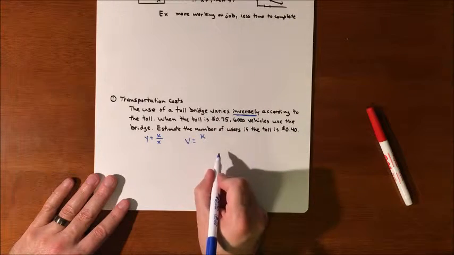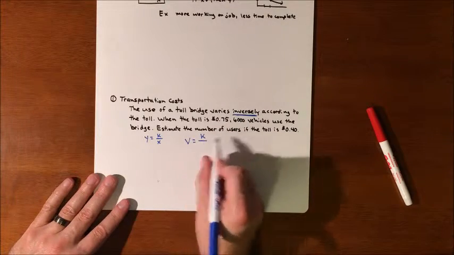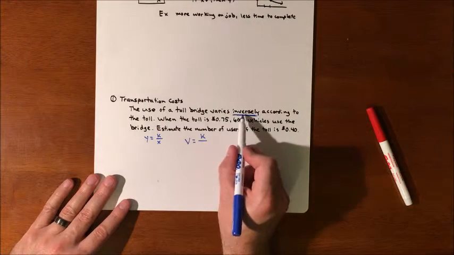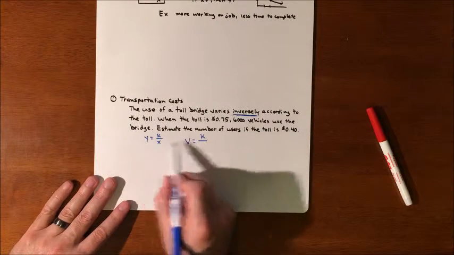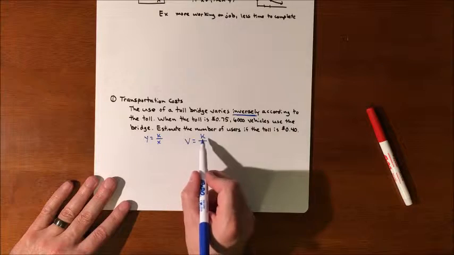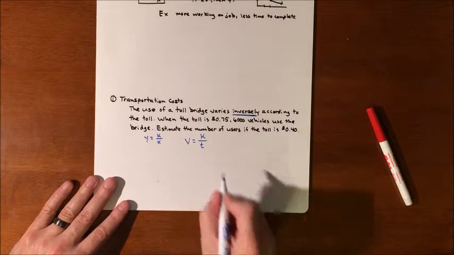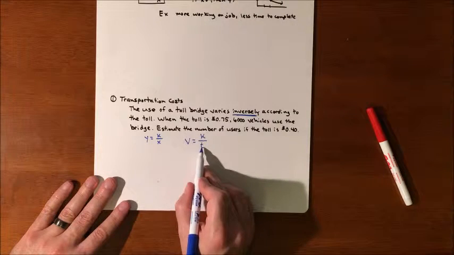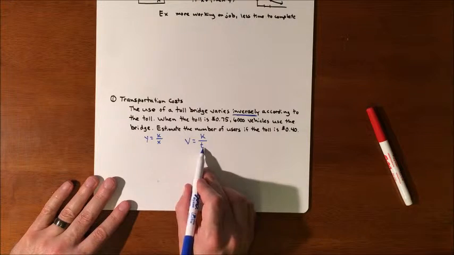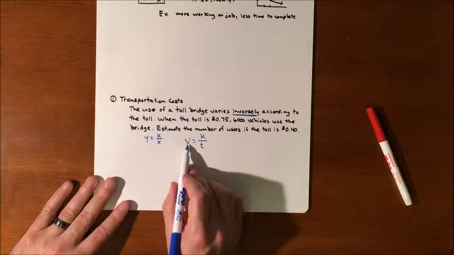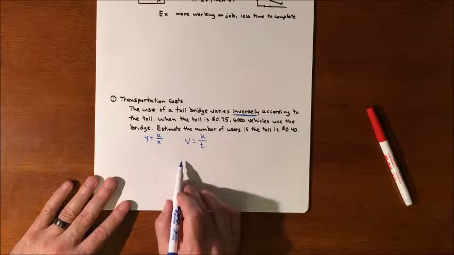There's always some sort of a constant, and they vary inversely. So again, this is the equation, but our vehicles are varying inversely according to the toll. x is going to be represented by our toll, and y is going to be represented by our vehicles.